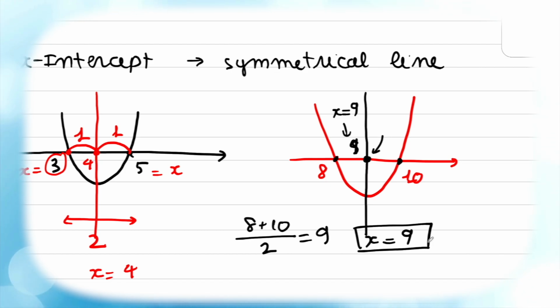Okay, another example of figuring out the symmetrical line, we have the form up here. You can see here the x-intercepts are 1 and 5. So what is the symmetrical line in this case?